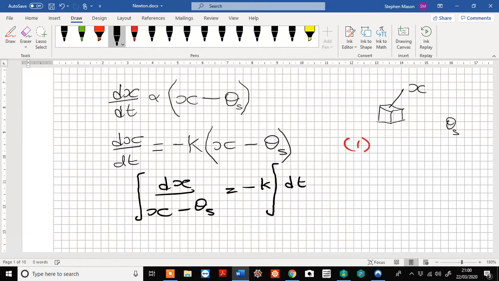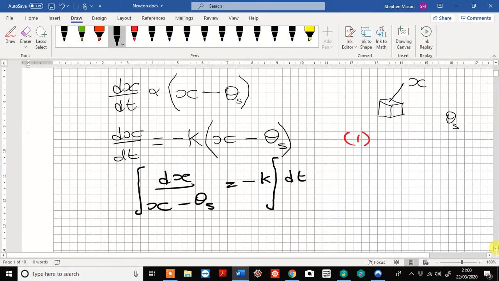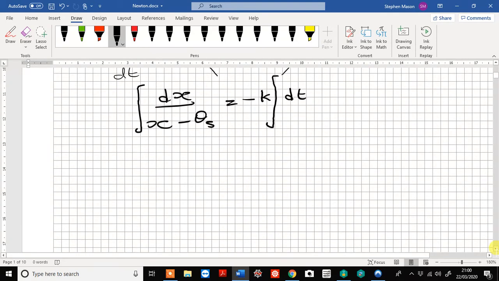When you separate out an ordinary differential equation, you have to remember to put the integral signs in.